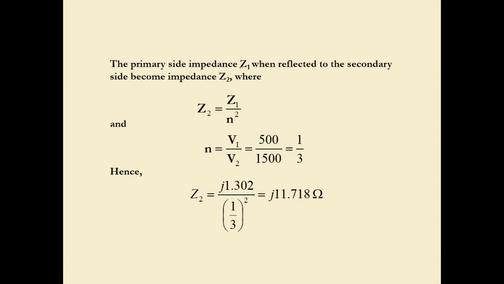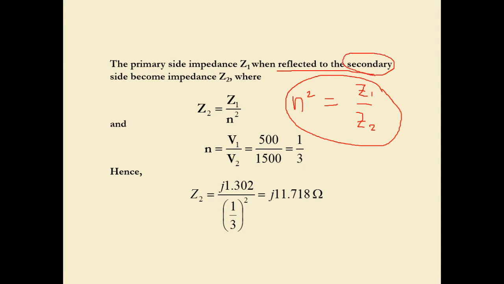The primary side impedance Z1 when reflected to the secondary side becomes impedance Z2, where this is the relationship: n squared. We can relate from this equation in order to calculate Z2, because it is now being reflected to the secondary side.